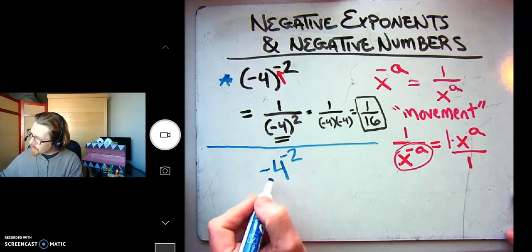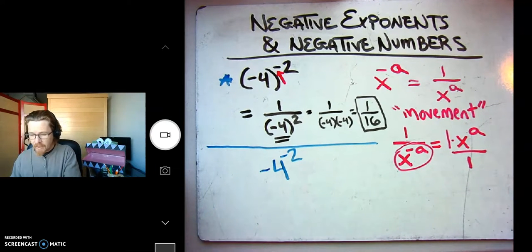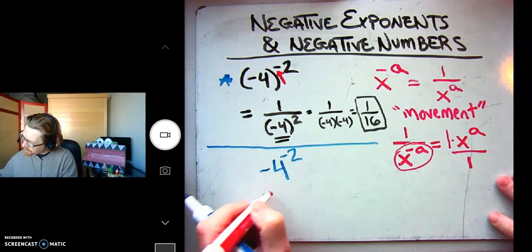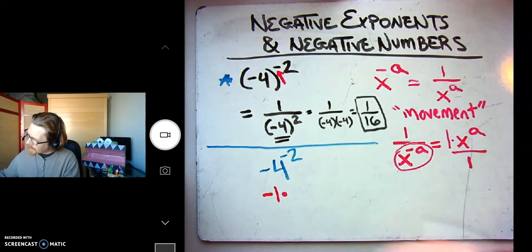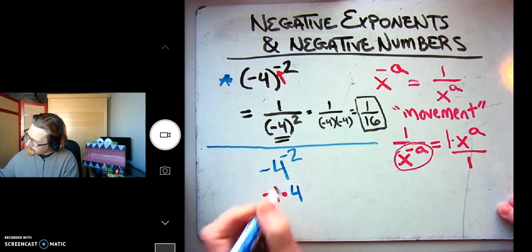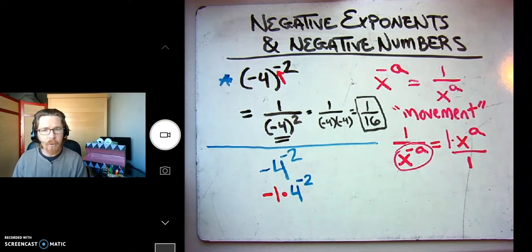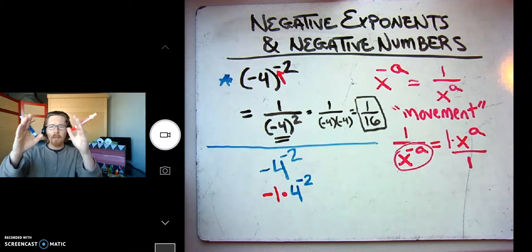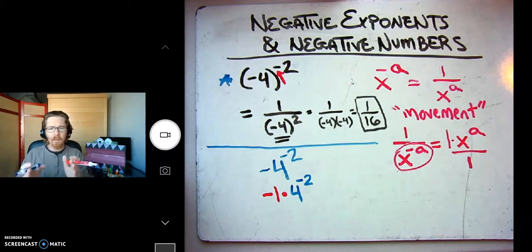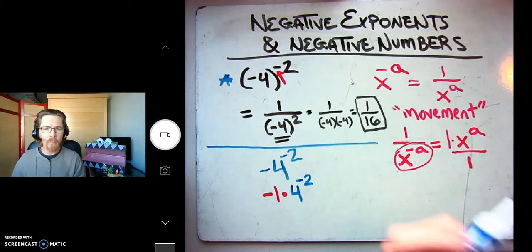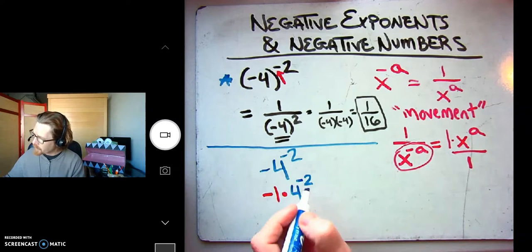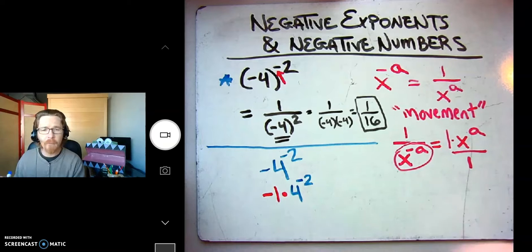What this is now actually implying is this negative is being multiplied by this 4 that's being raised to the negative 2 power. Because that negative 4 isn't wrapped in parentheses, we're going to follow our order of operations, which would say we should do the exponents before we do the multiplication.